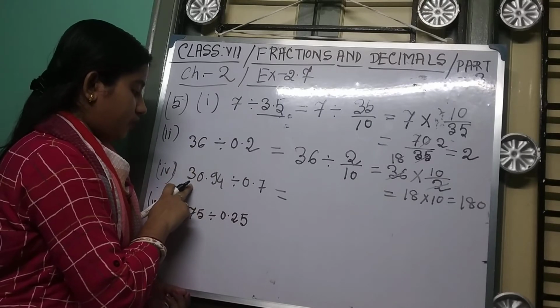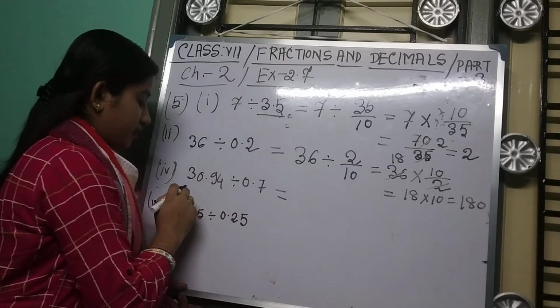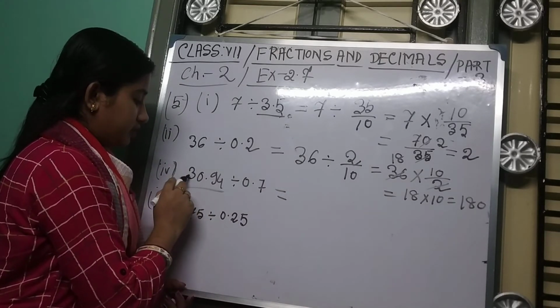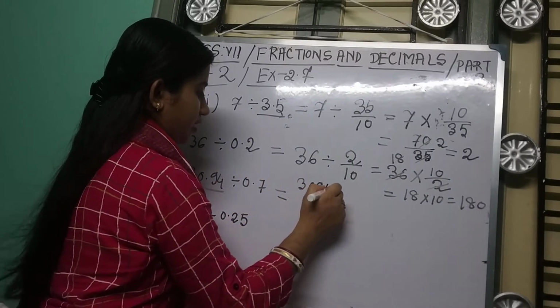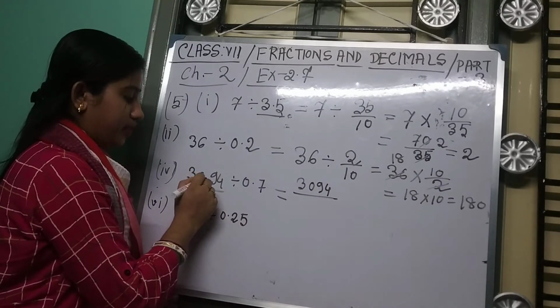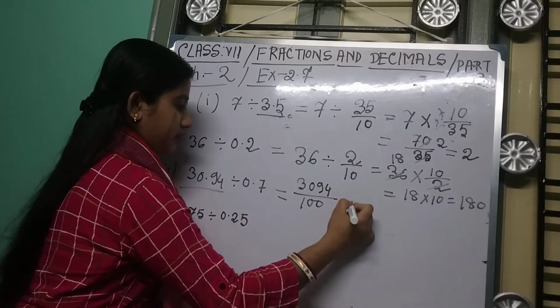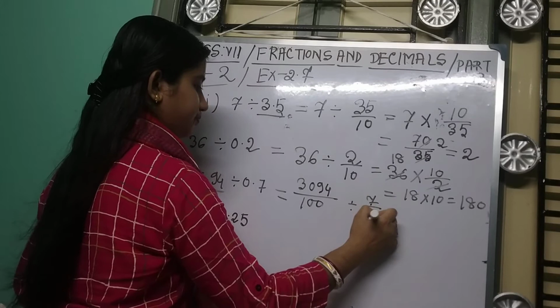So at first we convert this decimal number into a fraction. First we write this number without the decimal, that is 3094, and we divide by 100, because here are 2 numbers after the decimal. This is divided by 0.7, which means 7 by 10.